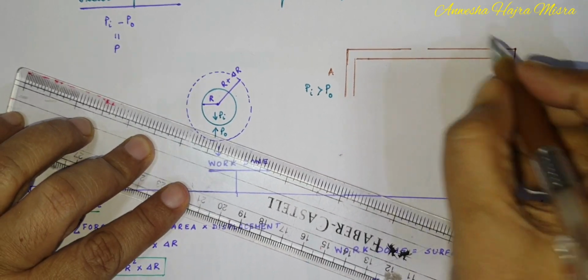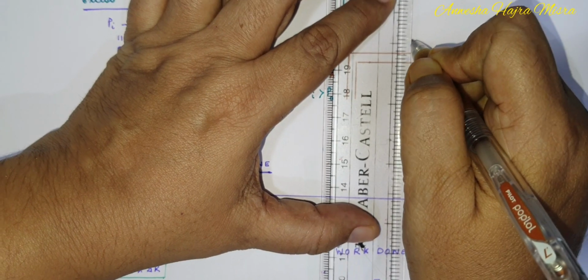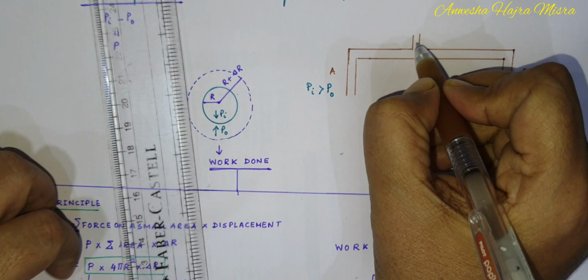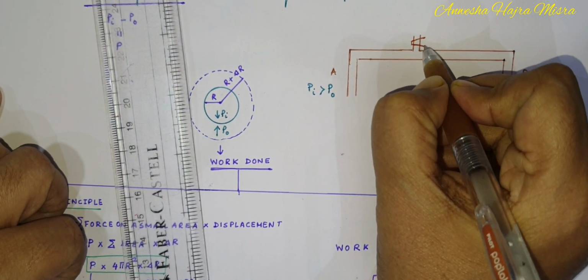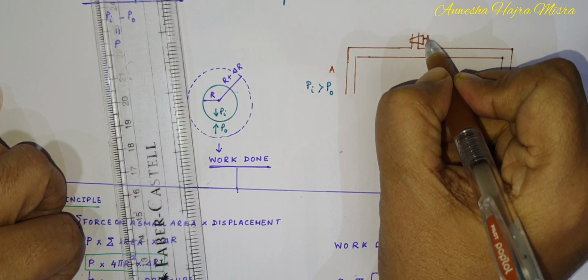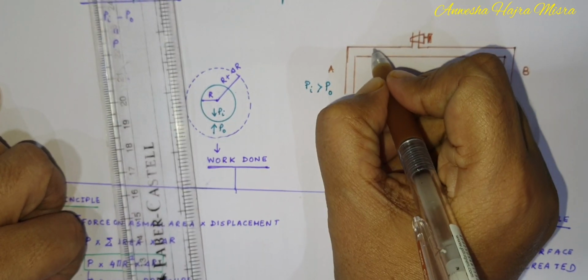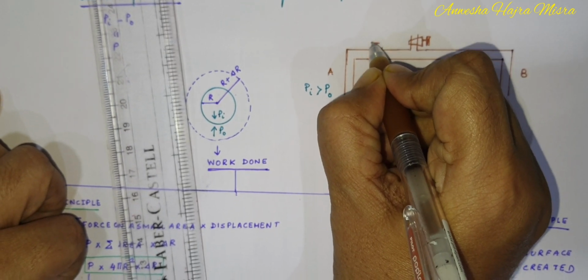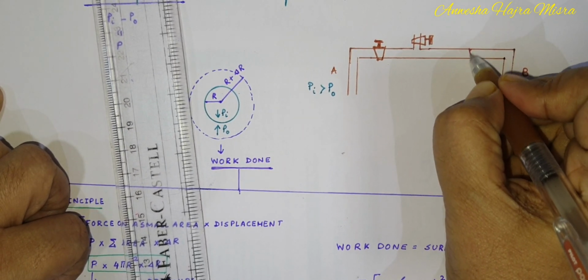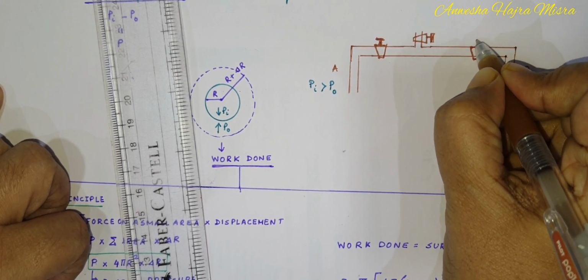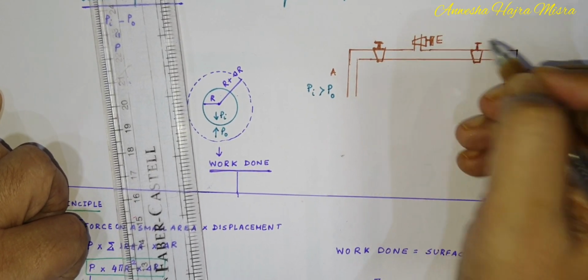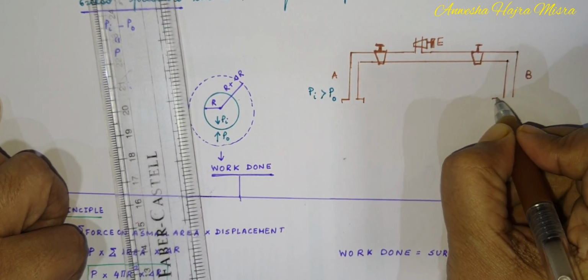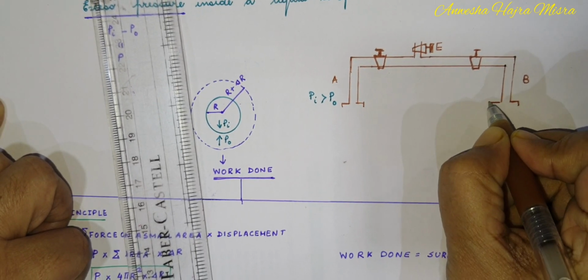They are connected by a tube E. Now, this tube is immersed in a soap solution.